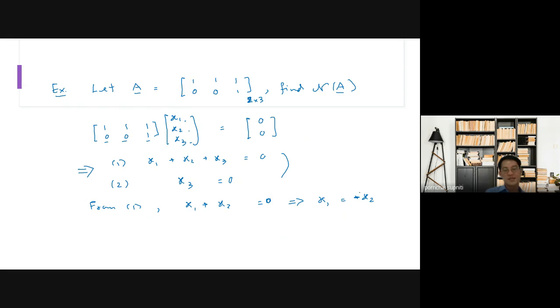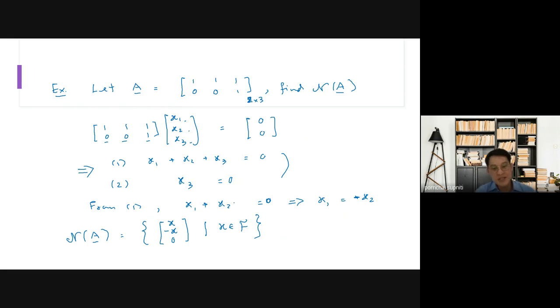Therefore, the null space is the set of vectors (x, minus x, 0), where x is an element in the field.